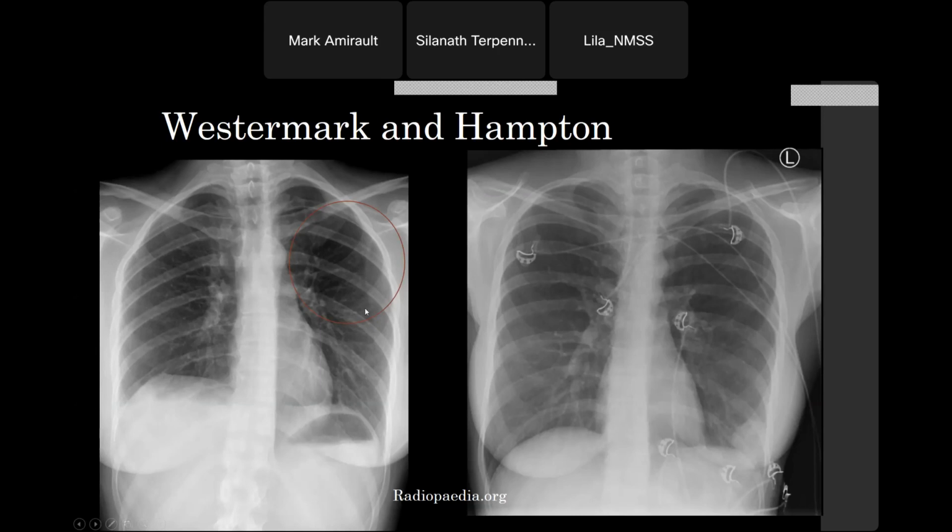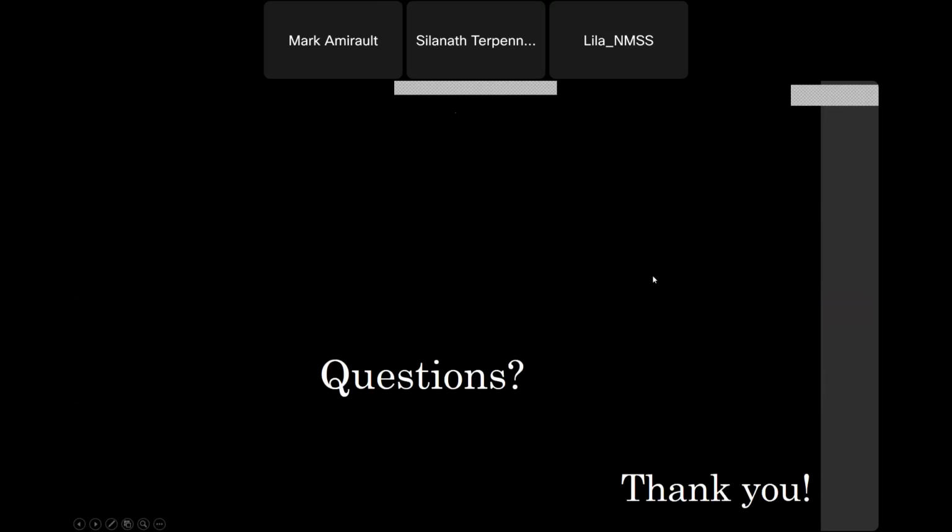Sometimes an absence of vessels can indicate a PE. And sometimes you can actually see a pulmonary infarct as an opacity. Those are some secondary signs of PE on chest radiograph. And that's what I have for you guys. Feel free to ask any questions you have.